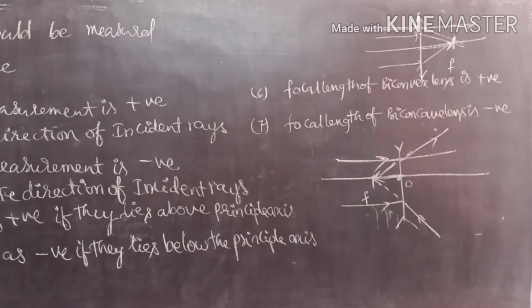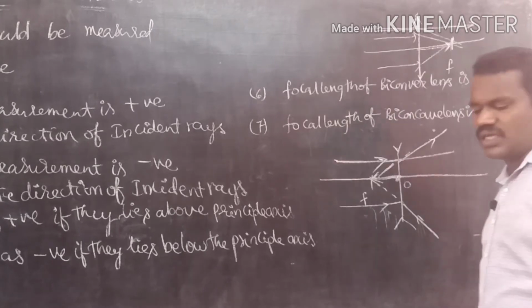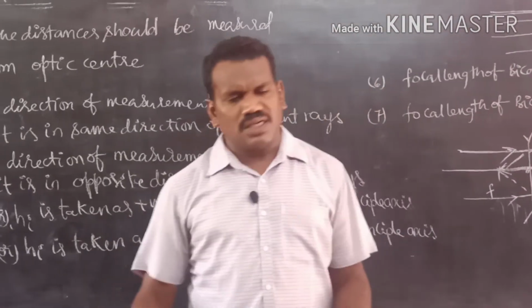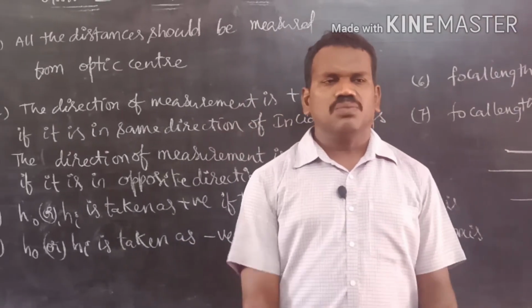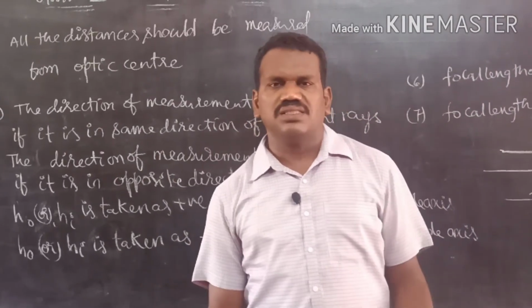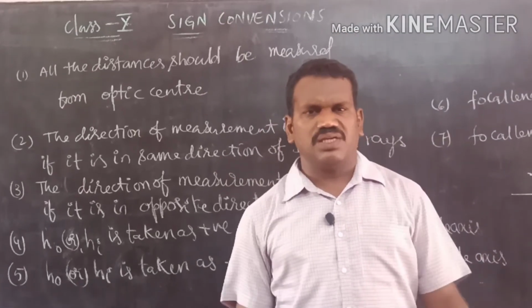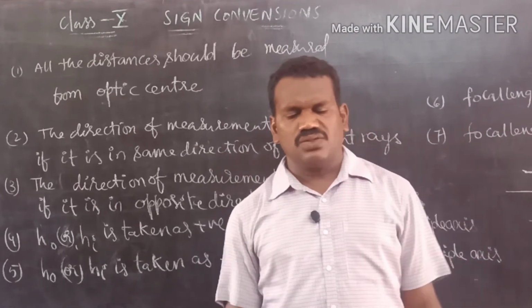Let us discuss what is the formula that we are using to calculate the focal length of either a biconvex lens or a biconcave lens. What is the relation between focal length, object distance and image distance?